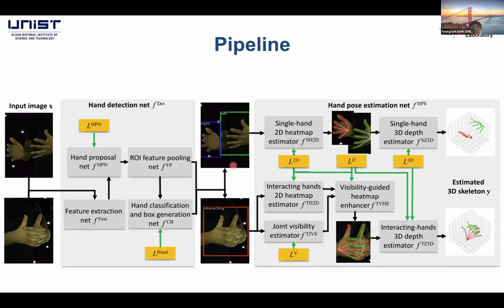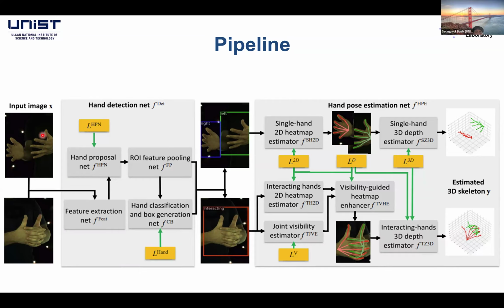But the idea is, here you can see the green box means the left hand box, the blue box means the right hand box. But the red box means the interacting hand class. So, I mean, when two hands are closely interacting, sometimes detecting the left-hand box and right-hand box separately is not helpful for the further pose estimation process. Are you guys understanding this?